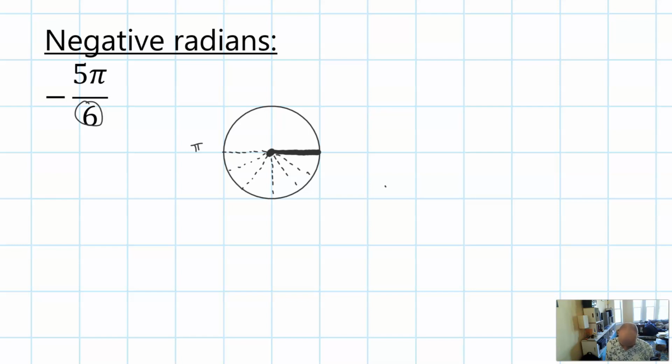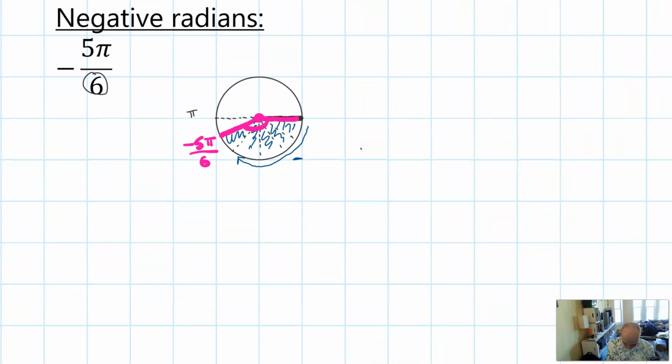And then I'm going to shade or count 1, 2, 3, 4, 5 in the negative direction to arrive at the angle negative 5 pi over 6. So that's how we compute negative radian angles.